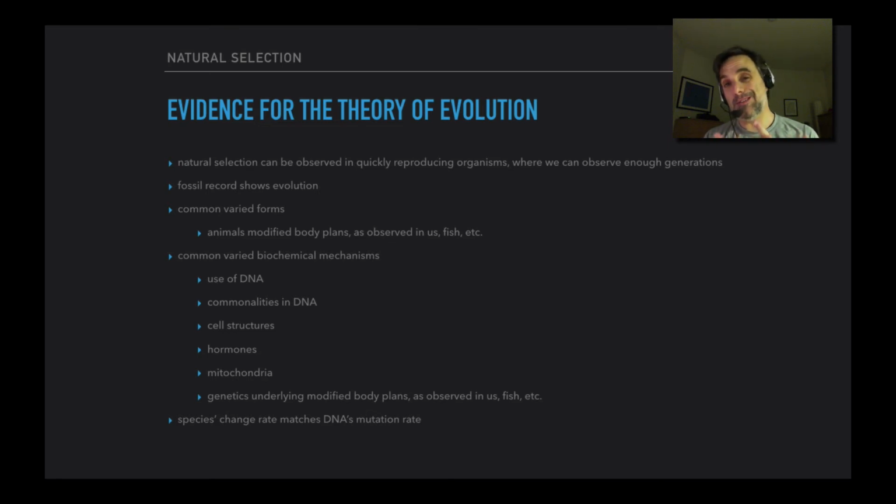So all the animals, or all organisms, use DNA. There are commonalities in DNA across all organisms. Almost all of our DNA is exactly the same, for example, as the DNA of chimpanzees. In different organisms, you have very similar cellular structures. We have hormones, which are chemical signaling systems in our bodies.